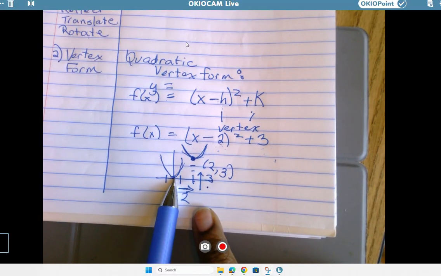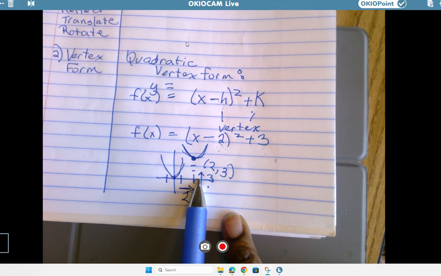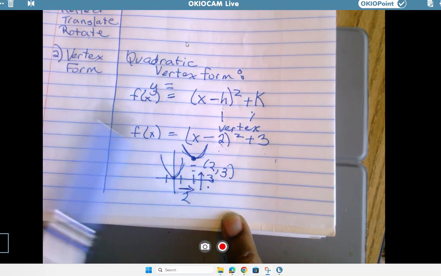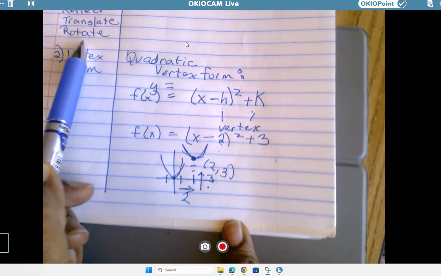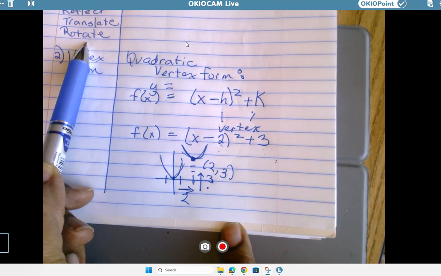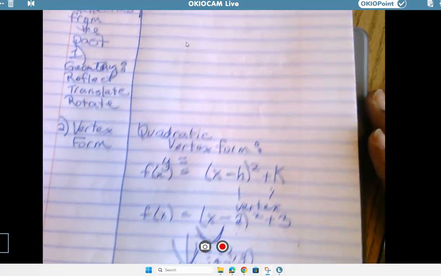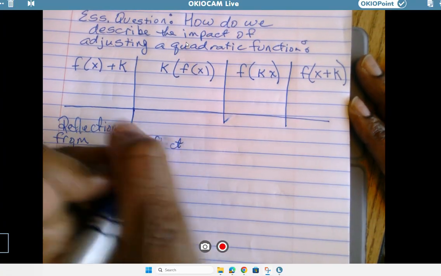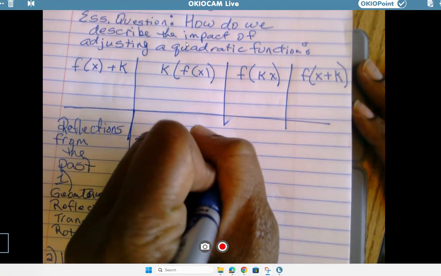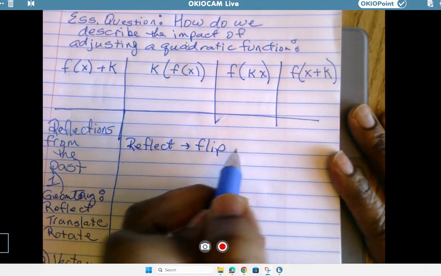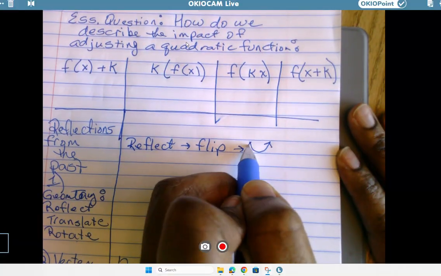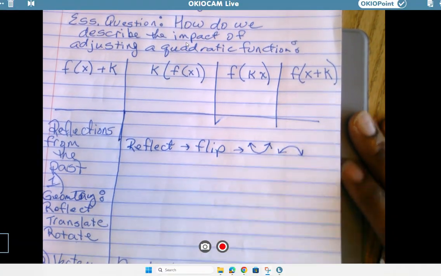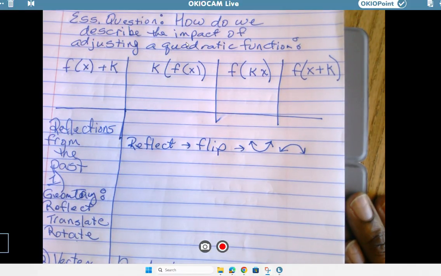When we took this vertex and we moved 2 units over and 3 units up, did we reflect, translate, or rotate? Do you remember what those words mean? Nope. Alright, when you reflect, you flip the graph. So it may go from being here to being there. Reflect is a flip.